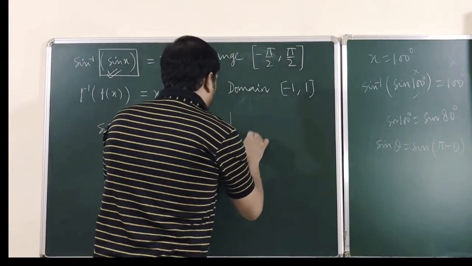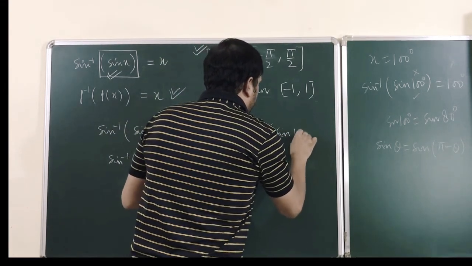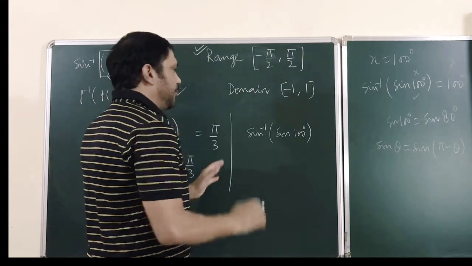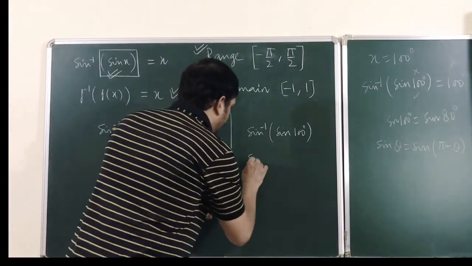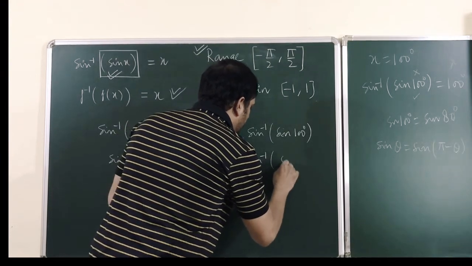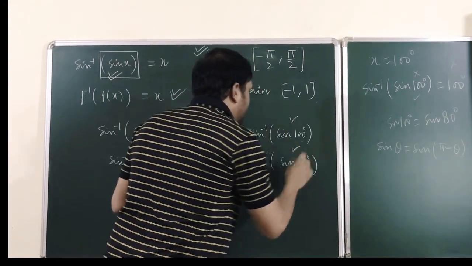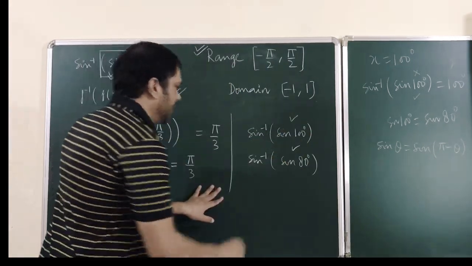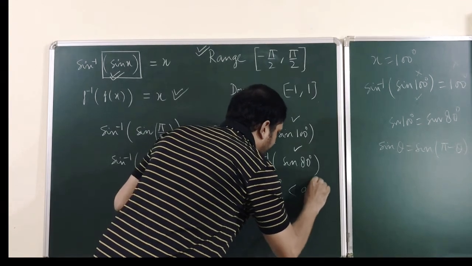So you are asked to substitute this one. Before operating f inverse of f of x, immediately convert that and write sine inverse of sine 80 degree, because I know these two values are the same, sine 80 degree and sine 100 degree. And I will write the answer as 80 degree, which is less than 90 degree and acceptable.